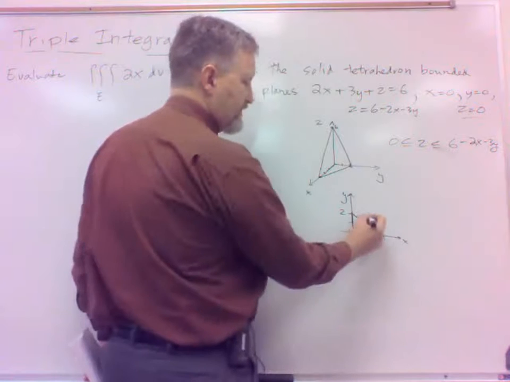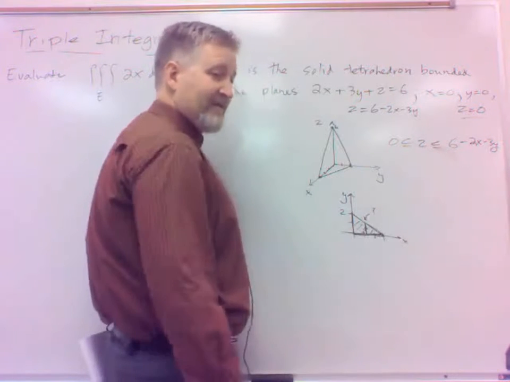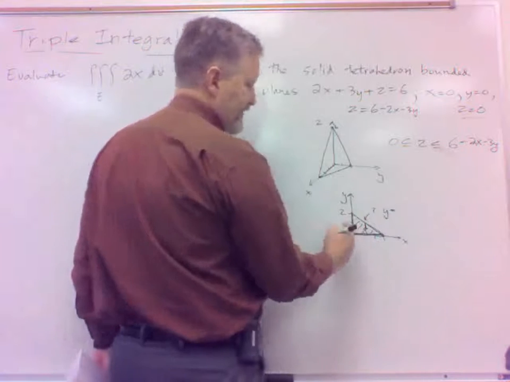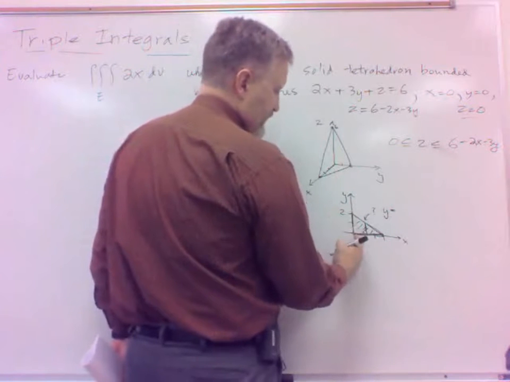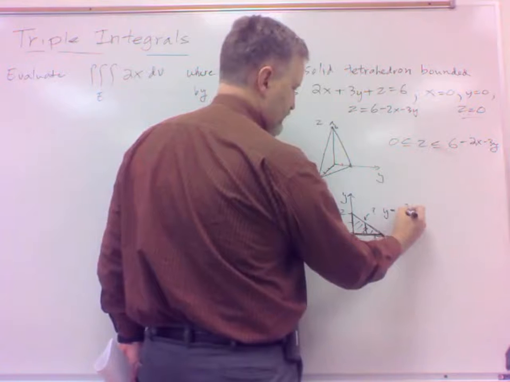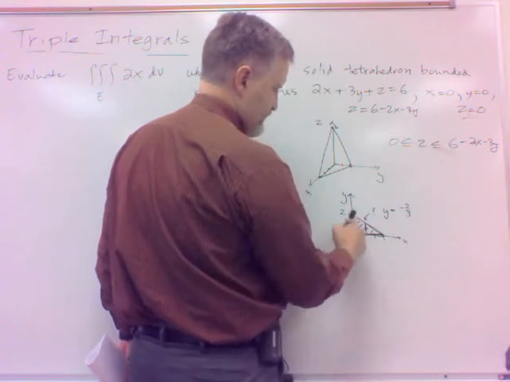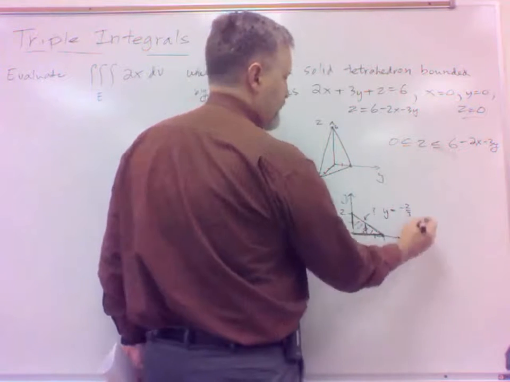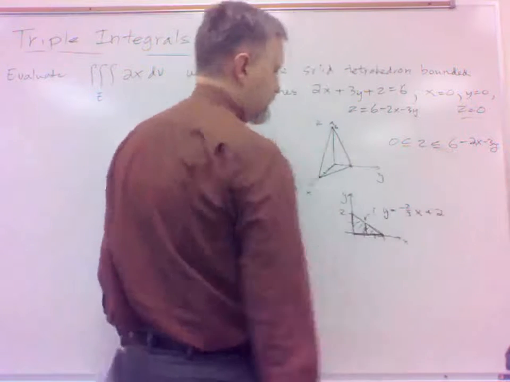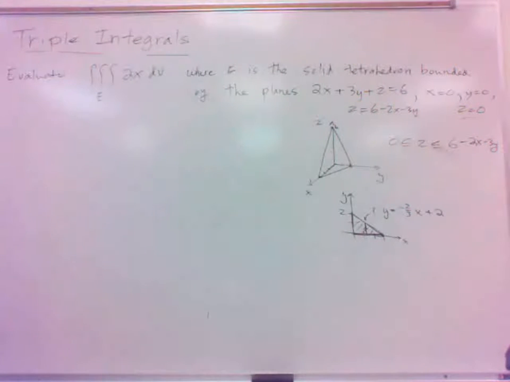We would just need to know what that line is, in terms of y, the slope intercept. It goes down 2 over 3, so the slope would be negative 2/3, and then the b would be 2. You could do it with the x's as well; you can do it however.